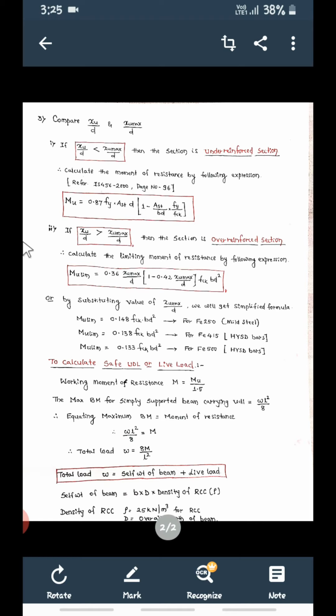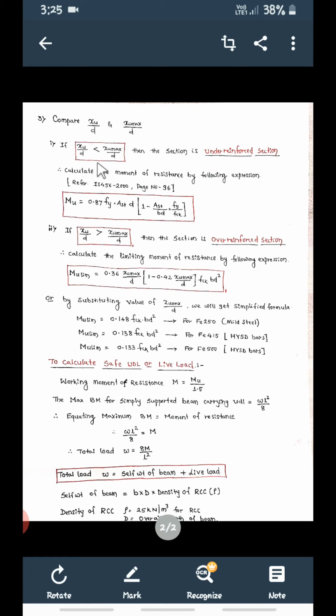So better you remember this formula. Mu, the ultimate or factored moment, is equal to 0.87 Fy Ast d into bracket 1 minus Ast upon bd into Fy upon Fck. This is the first condition. If it is an under reinforced section, use this formula to find the ultimate moment of resistance of the beam.